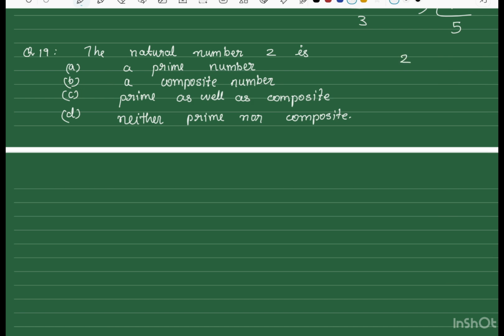Let's see, 2 is a prime number because it has exactly two factors, 1 and 2. So 2 is a prime number which is not a composite number. For a composite number there must be more than two factors. So the answer is a prime number.